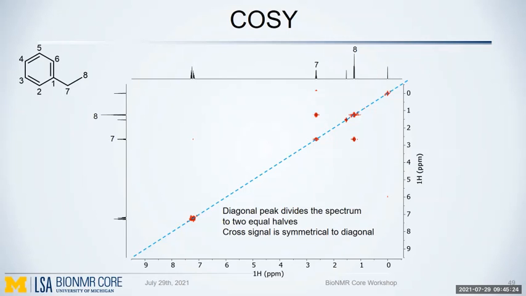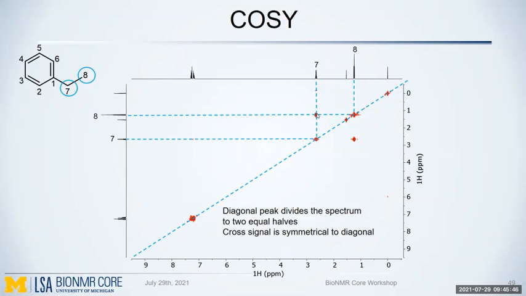We can take protons 7 and 8 as an example. From the 1D spectrum, I know that this peak belongs to the methylene proton, and this peak belongs to the methyl group, number 8. In the 2D spectrum, you can see a cross peak show up here.